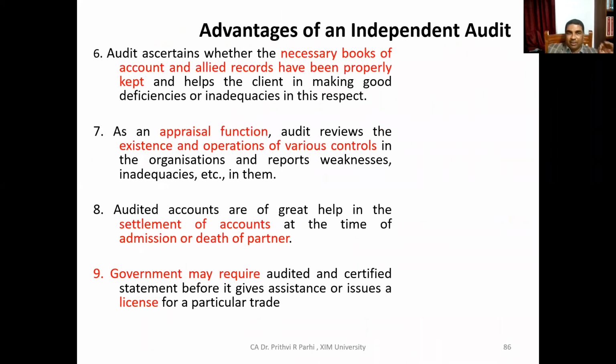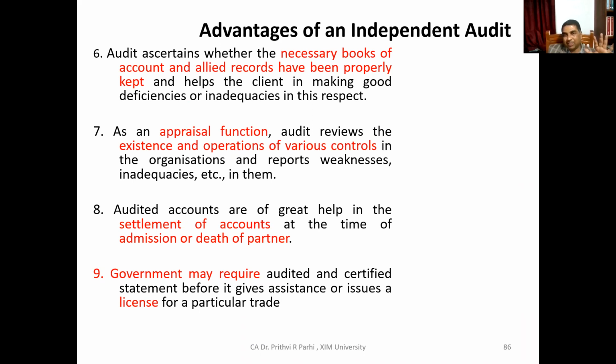Now, the next advantage is that auditing ascertains whether the necessary books of accounts and allied records are properly kept up. Certain entities like companies are supposed to maintain a minimum set of books of accounts.